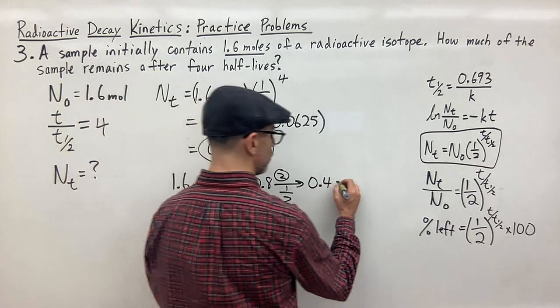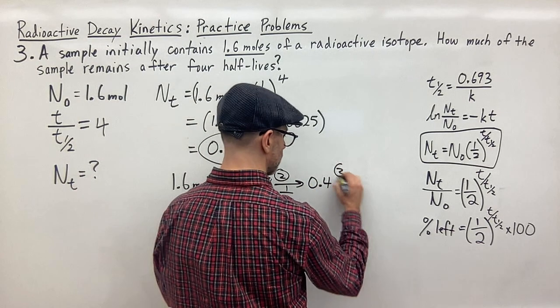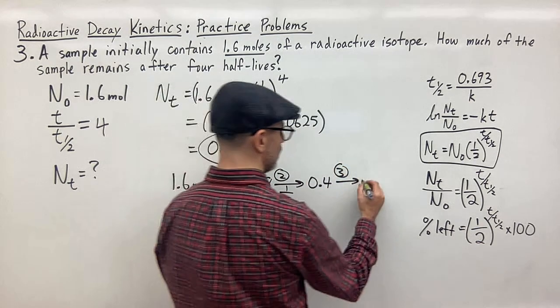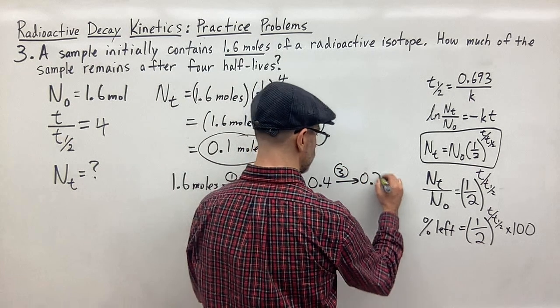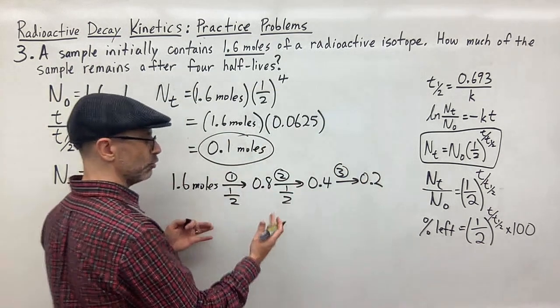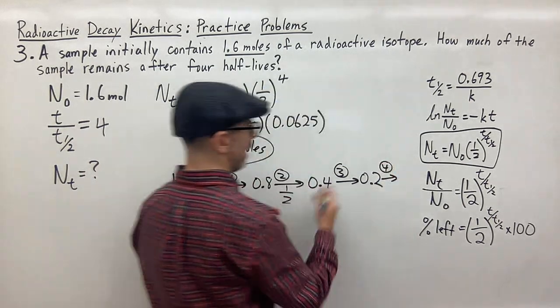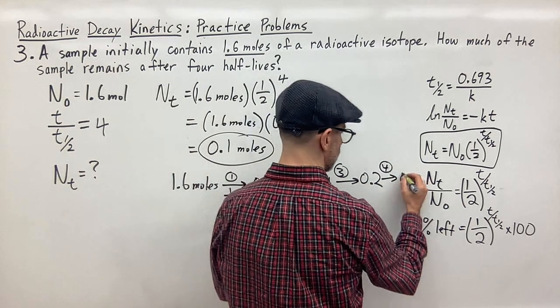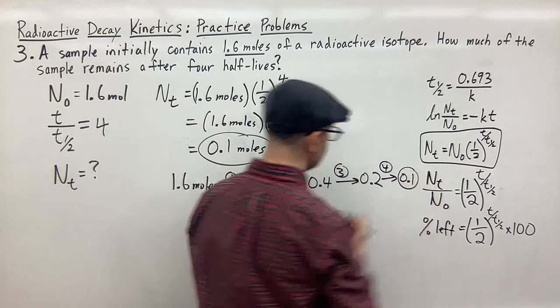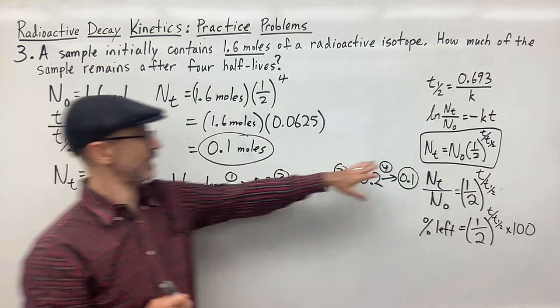Then I go through a third half-life and take half of that, which is 0.2. And then finally, I go through half-life number 4, and half of that is 0.1.